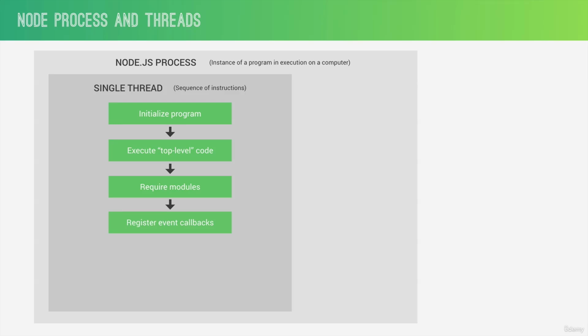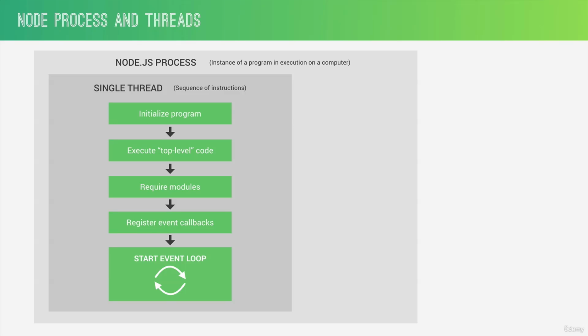Remember that? Then, after all that, the event loop finally starts running. And again, more about the event loop in the next video. What you need to know for now is that the event loop is where most of the work is done in your app. So it's really the heart of the entire Node architecture.